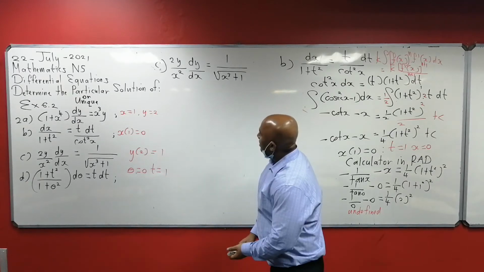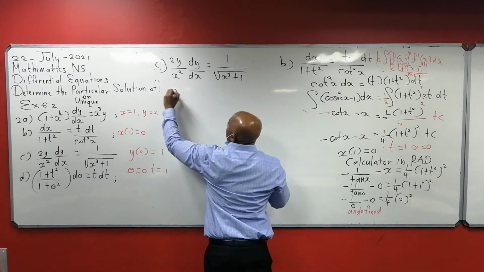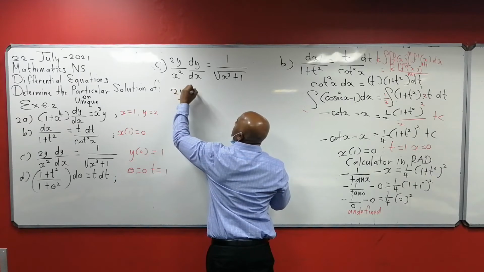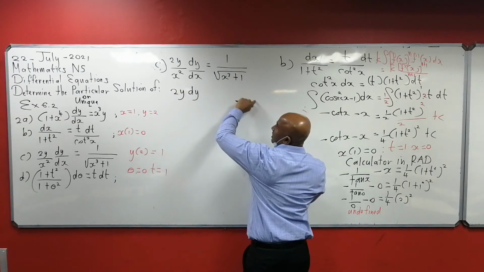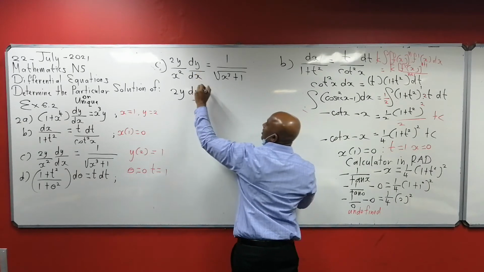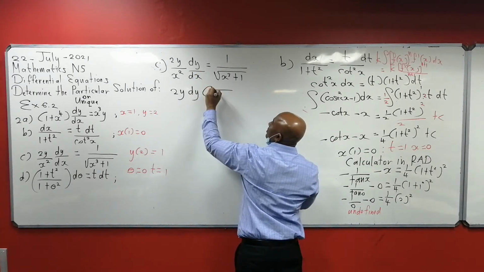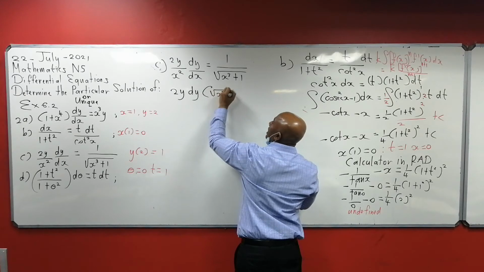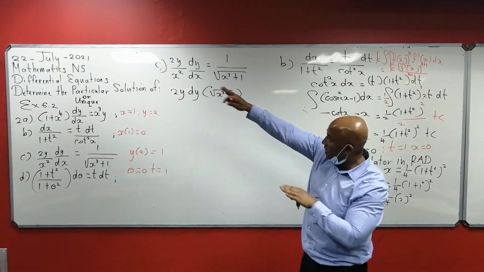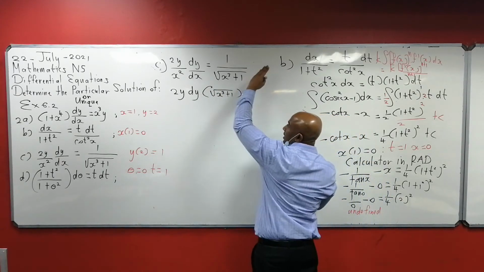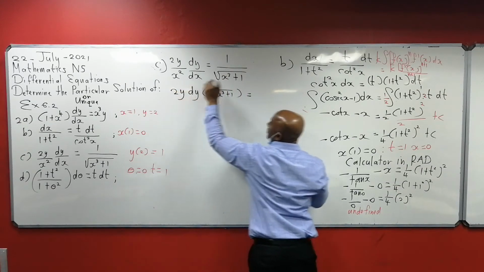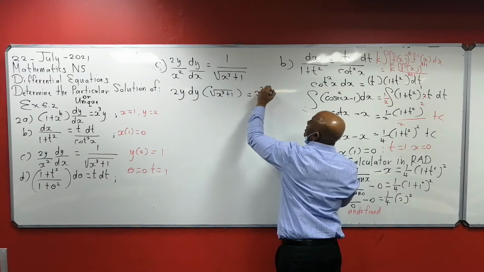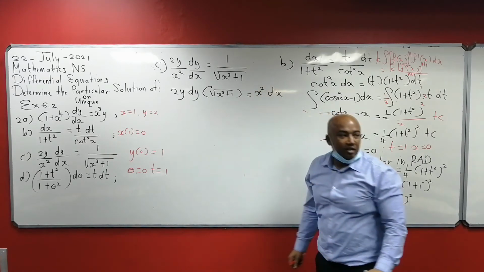So now that's going to be 2y times dy, and I'm cross multiplying here, so that's multiplied by the square root of x cubed plus 1. And this way that's going to be 1 times everything here, which is x squared dx. So I got rid of those fractions.